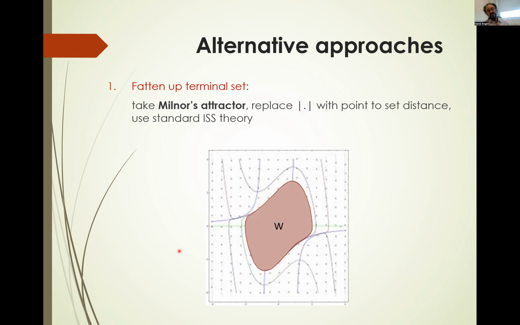As you can see, it includes the equilibrium, it includes the periodic solution, but it also includes the connecting orbits between the equilibrium and the periodic solution. This set is globally asymptotically stable. And so you can apply all the set ISS theory whenever you put perturbations in this system.